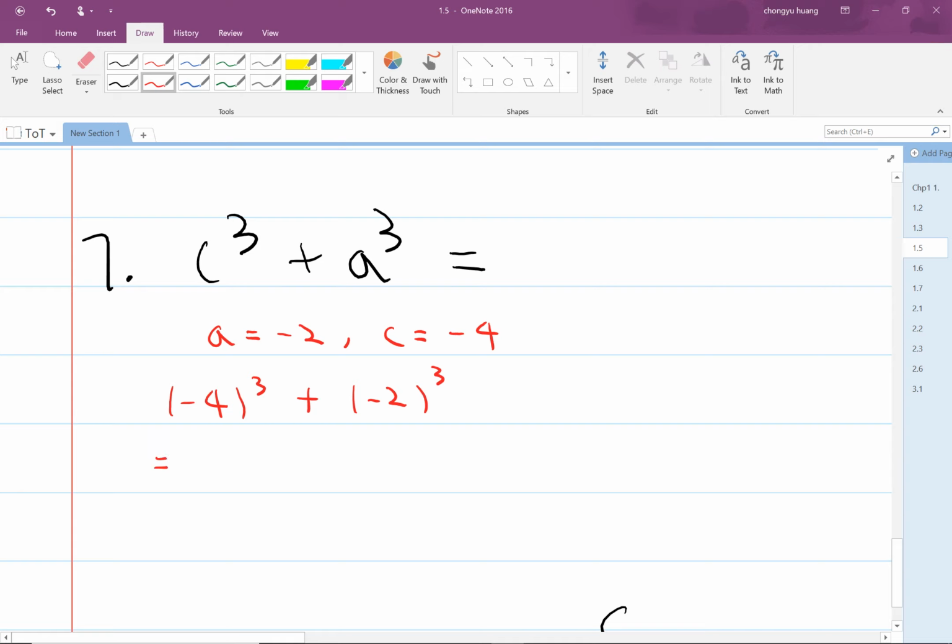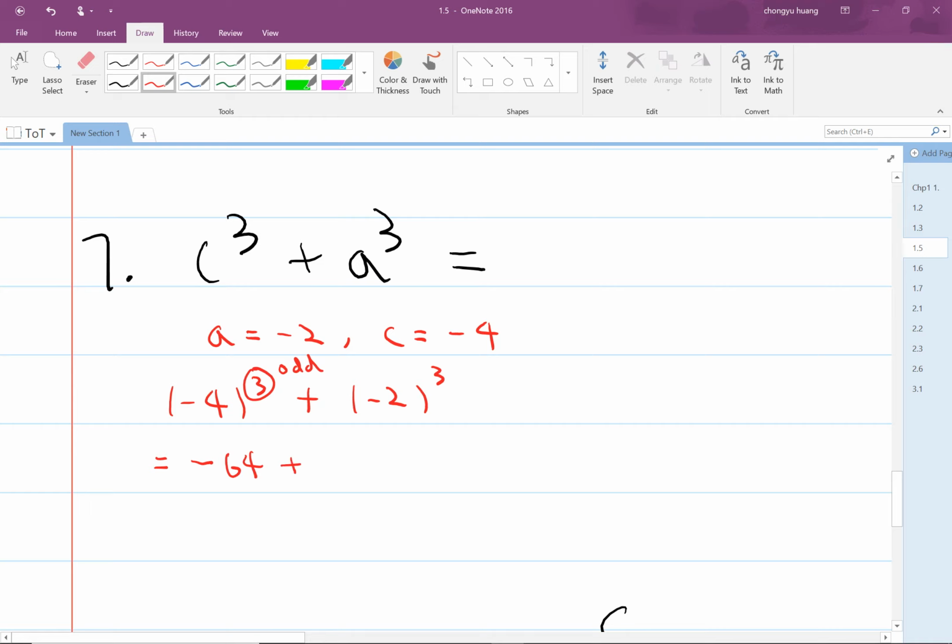So as we mentioned before, whenever you see a negative integer with an odd power, it's going to be negative, right? So for here, negative 4 to the power 3 is actually negative 64, right?